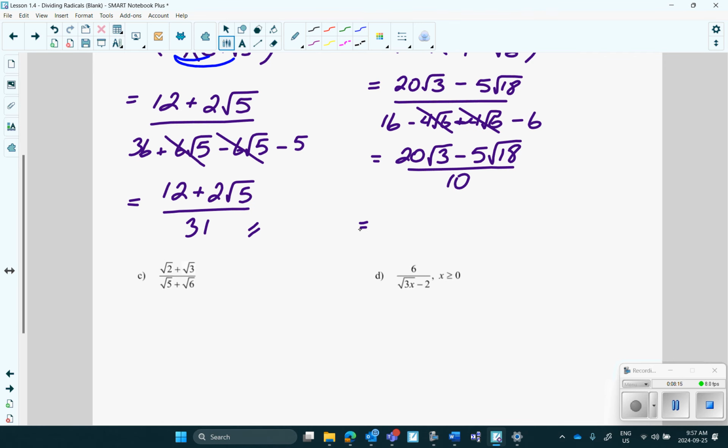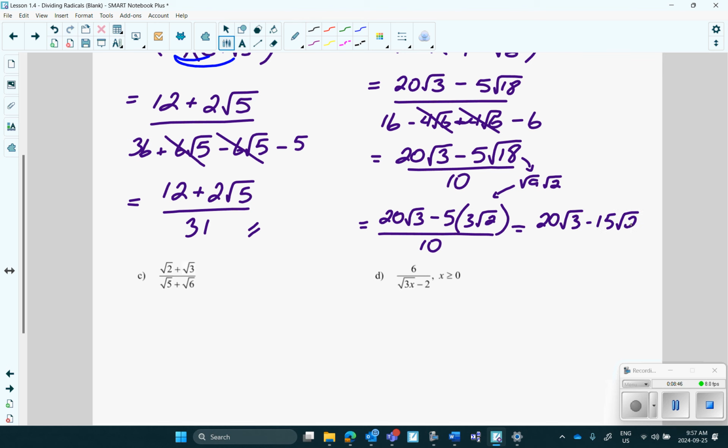This becomes 20 root 3 minus 5 times, well, this breaks up into root 9 times root 2, which becomes 3 root 2, over 10. Which further simplified becomes 20 minus 15 root 2 over 10.